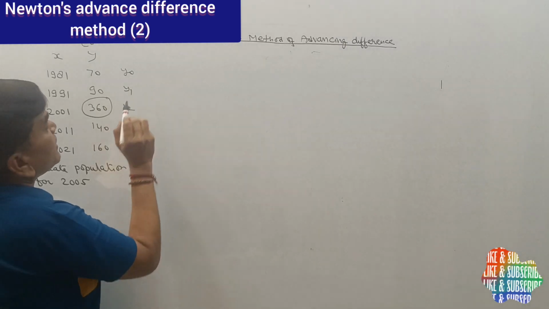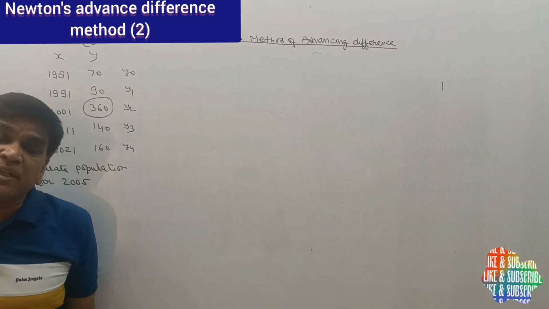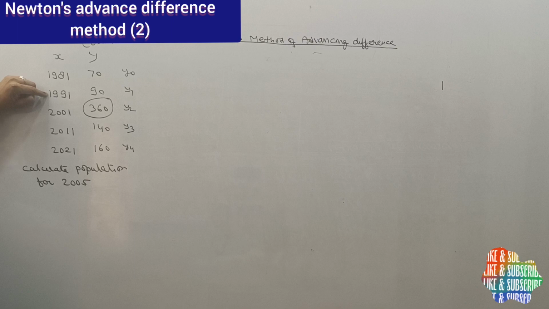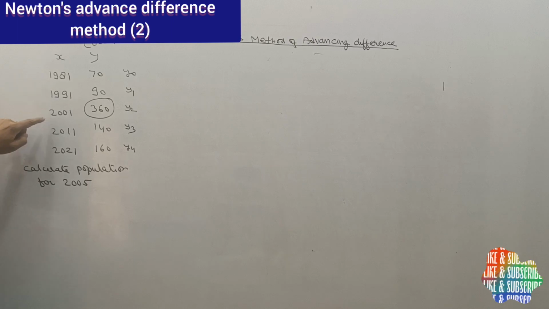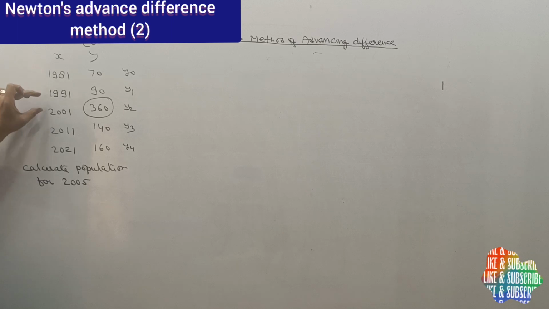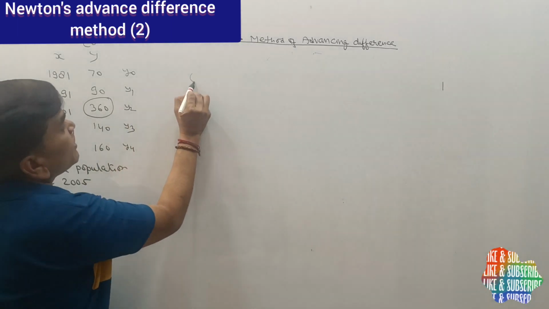For this we use the binomial expansion method, because here the difference is equal: 1981 to 1991, 1991 to 2001, 2001 to 2011, 2011 to 2021. The difference is 10 years, and we first calculate for 2001. So we use this binomial expansion method.